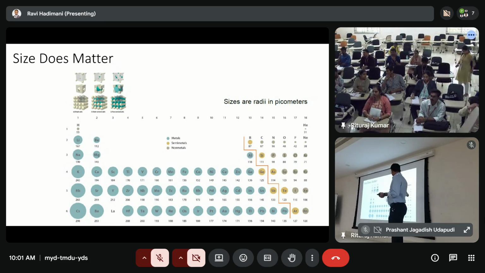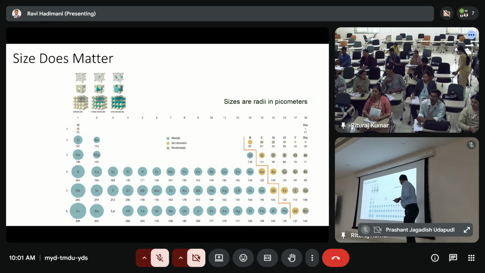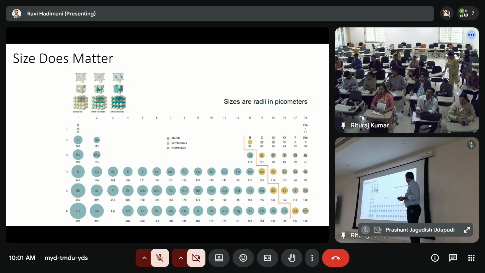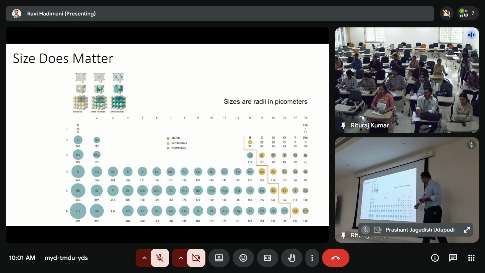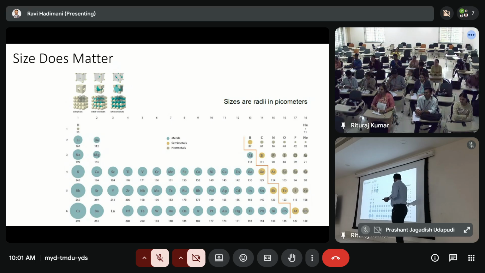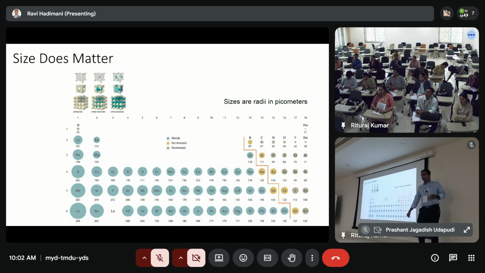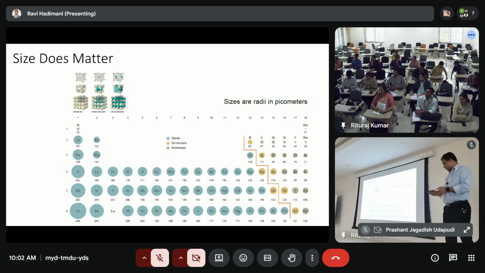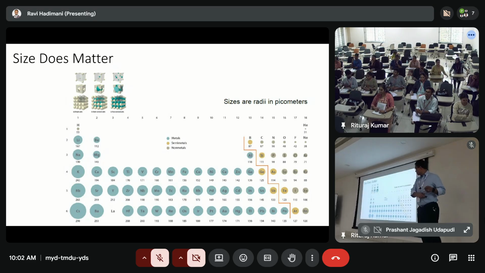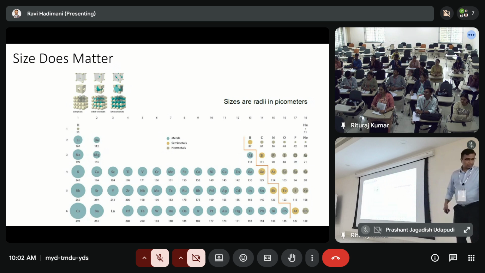Okay, these sizes are in picometers, and pico means 10 to the power minus 12. So 880 picometers means it's 8.8 angstrom. Okay, and this is 11.1 angstroms. Is that clear?